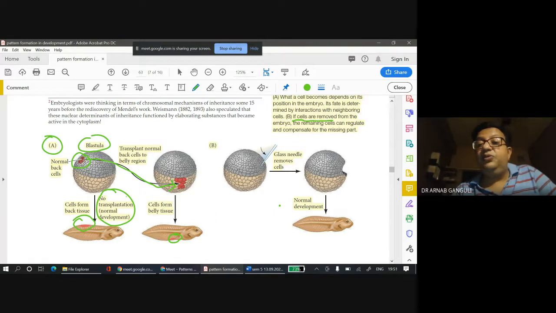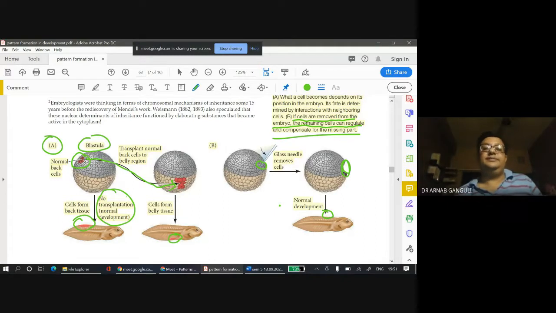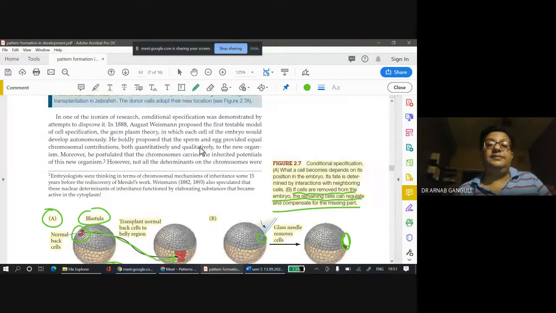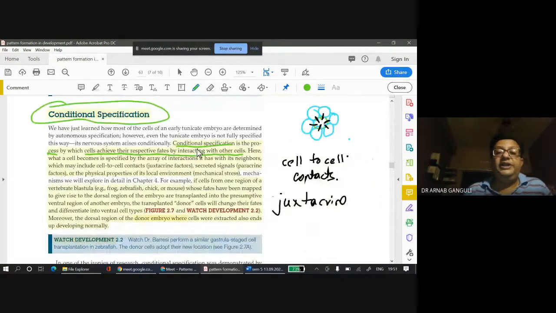If cells are removed from the embryo, the remaining cells can regulate and compensate for the missing part. Say you remove these cells. The surrounding cells have certain factors, they will compensate the missing part. So conditional specification is the process by which cells achieve their respective fates by interacting with the others.